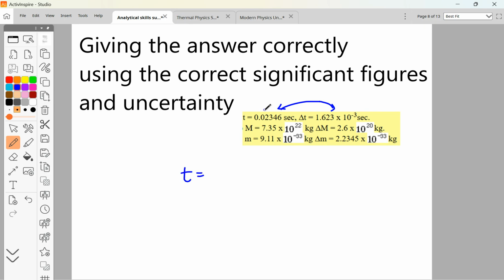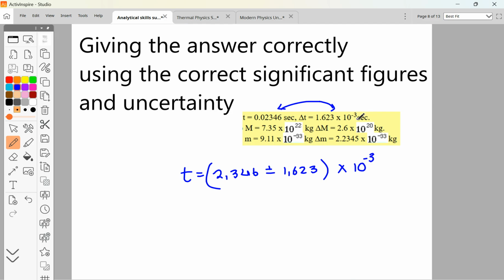So that one there is going to be, if you're writing it to 10 to the minus 3 as well, 1, 2, 3. So that's going to be 2,346 plus or minus 1,623, and all of that will then be times 10 to the power of minus 3.